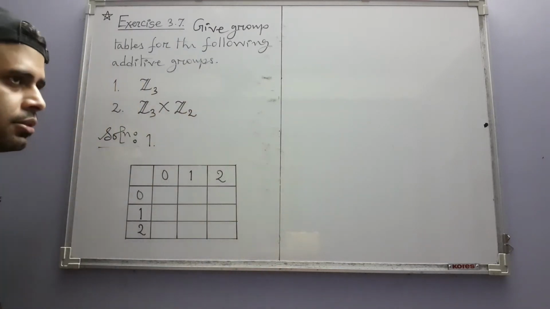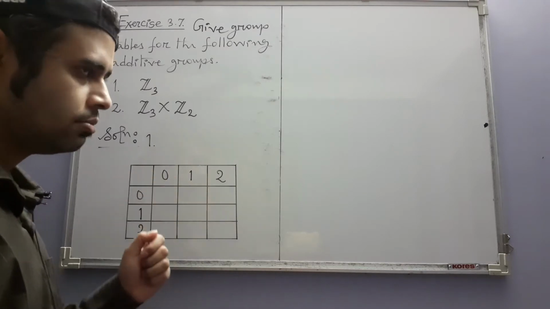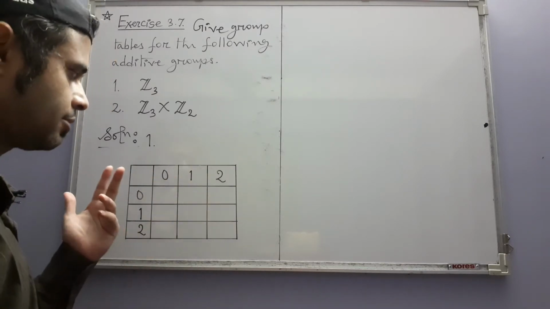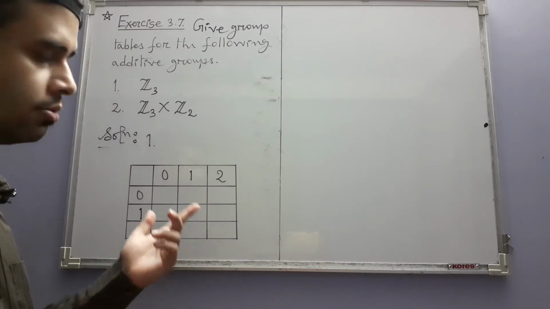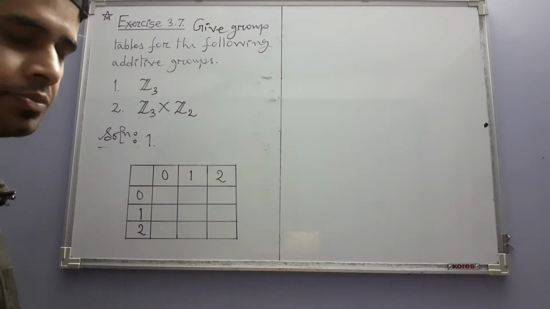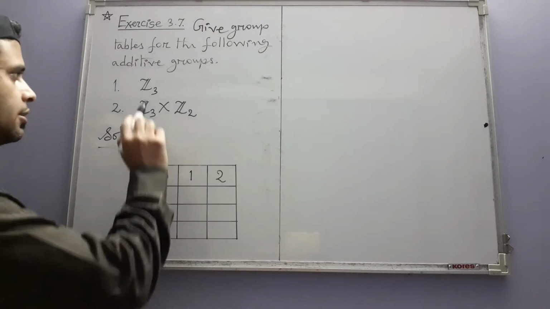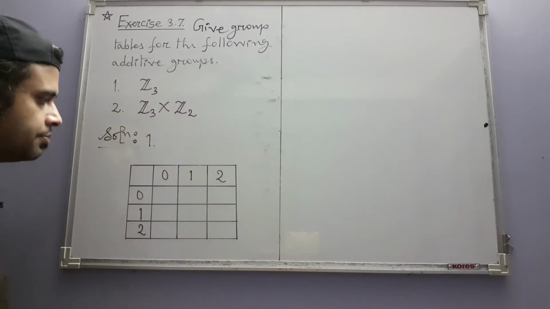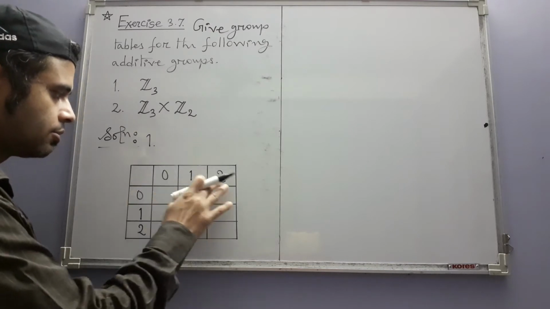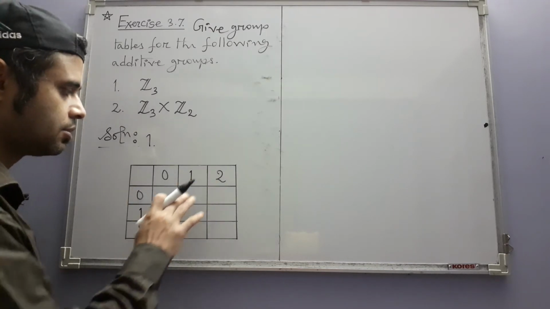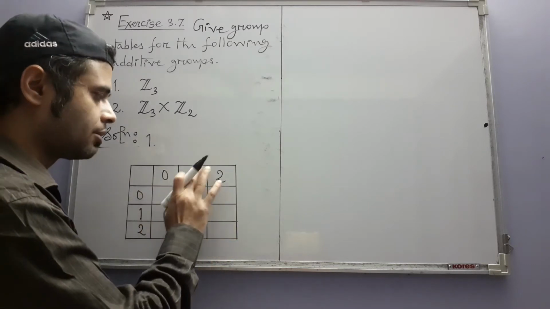According to that operation, for example, when you add 1 and 2, it's not actually 3, but rather the remainder you obtain when you divide that 3 by 3. So the thing by which you are dividing, the modulus, in this case is 3. 0 plus anything is going to give you that thing itself, because it is a non-negative integer less than 3, whether it is 0 or 1 or 2.